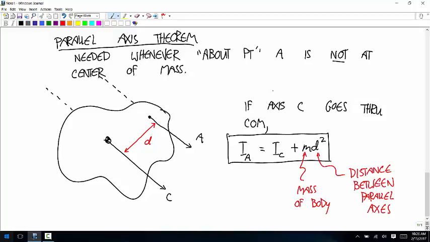Since mass can only be positive, and obviously that distance squared can only be positive, this says that any axis that doesn't go through the center of mass has to have a bigger moment of inertia than an axis going through the center of mass. You can't make the moment of inertia smaller as you move away from the center of mass, as long as you're still rotating about an axis in the same direction.